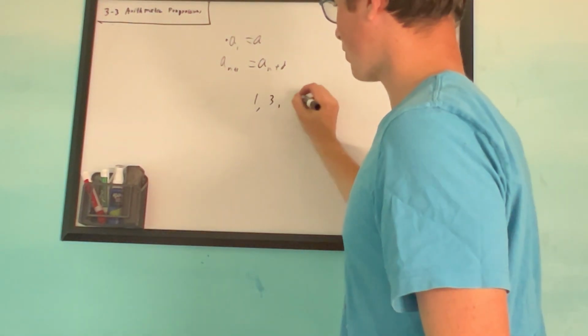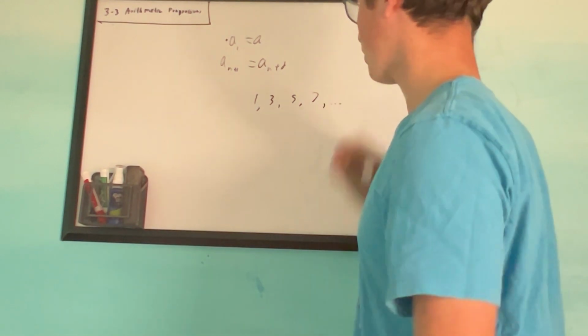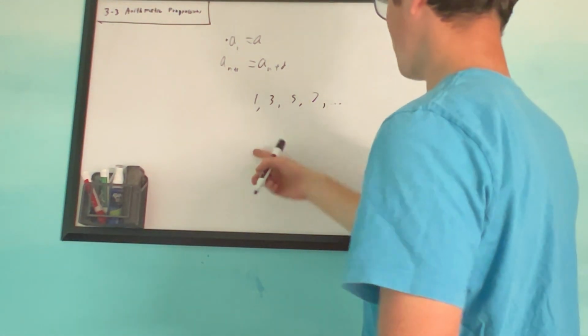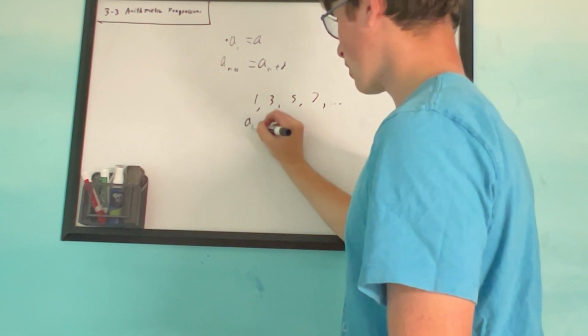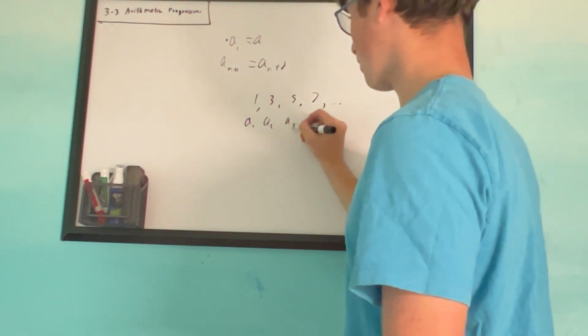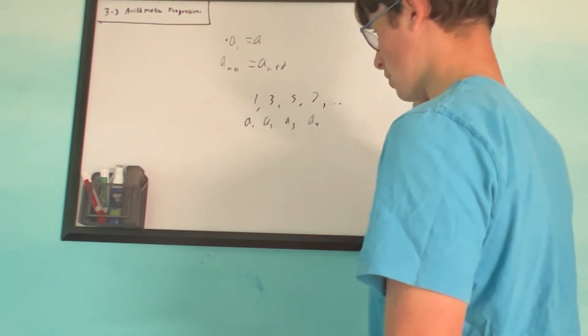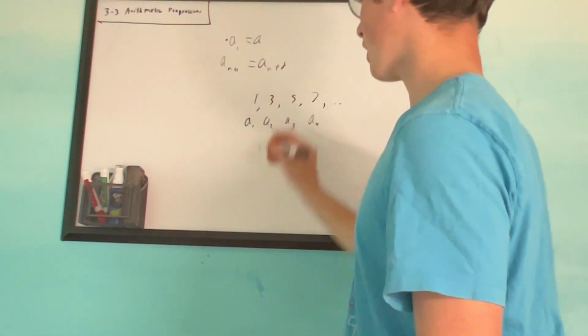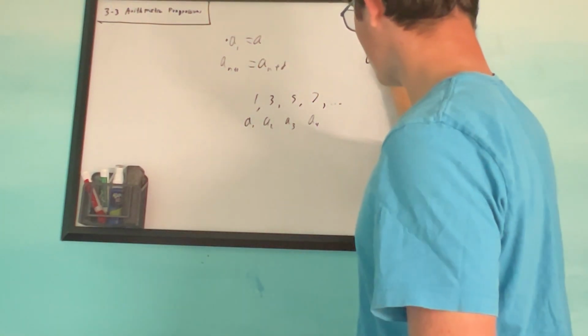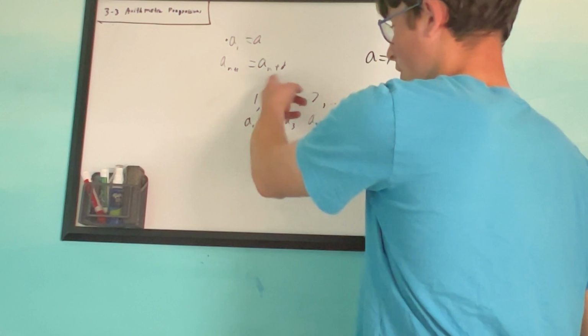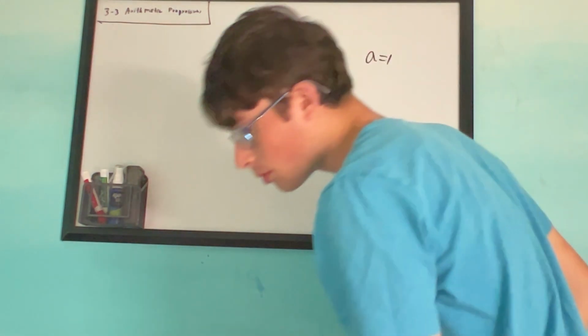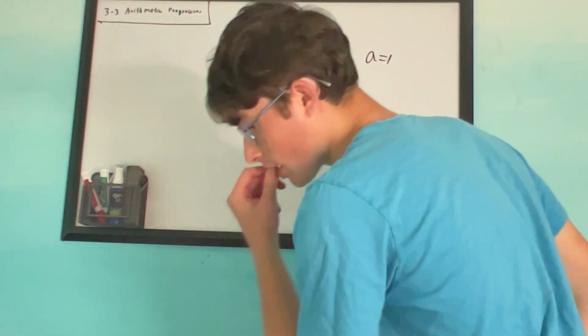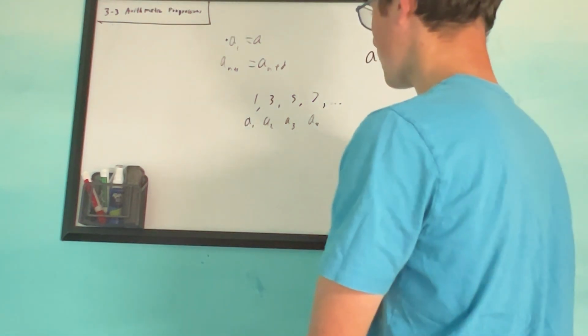So you get an example of this series: 1, 3, 5, 7, and so on. We can describe this if you look at a1, a2, a3, a4. Well, we know a1 equals a, so we can say a equals 1, and the common difference will be a of n.